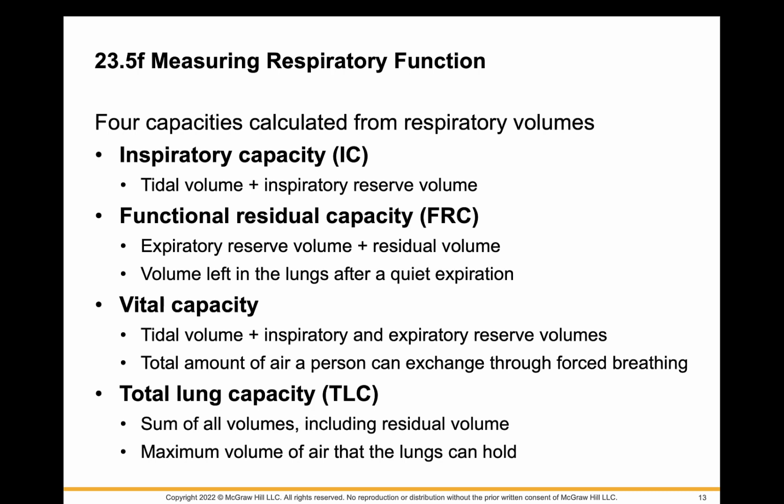This is the total amount of air a person can exchange through forced breathing. To measure this requires a maximal inhalation with a maximal exhalation. Total lung capacity is really just the sum of all volumes, including residual volume. So this is the greatest amount of air that the lungs can actually hold.